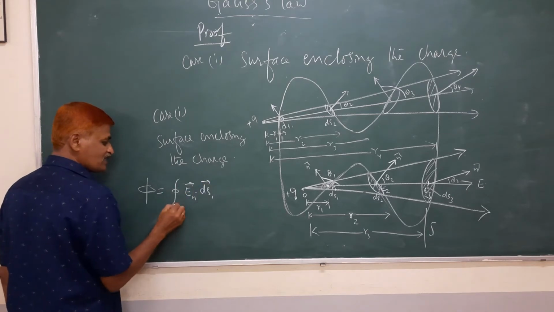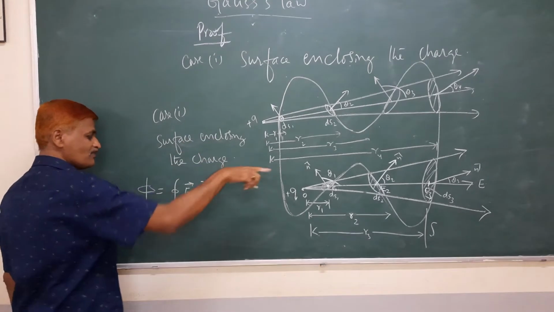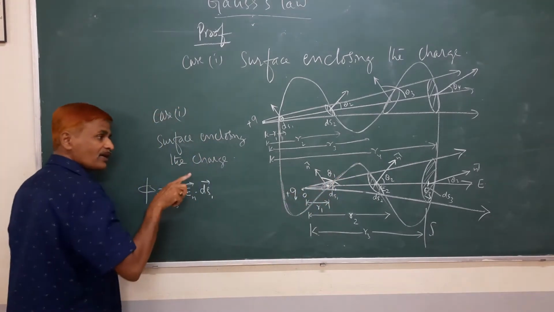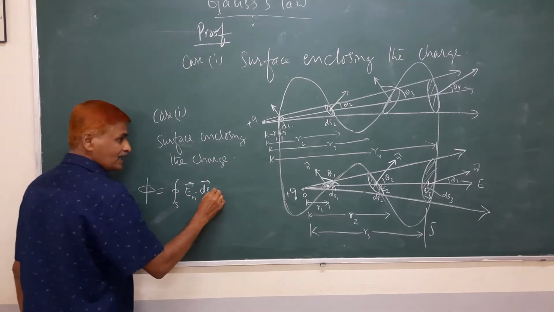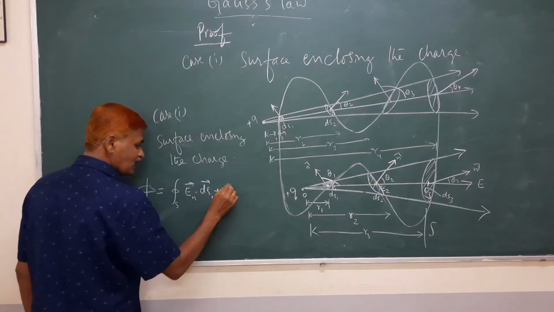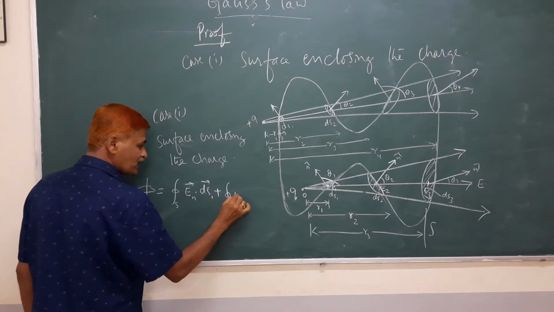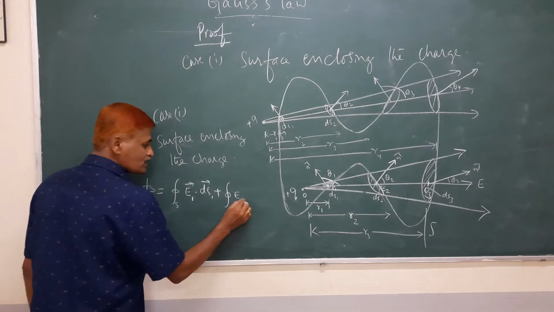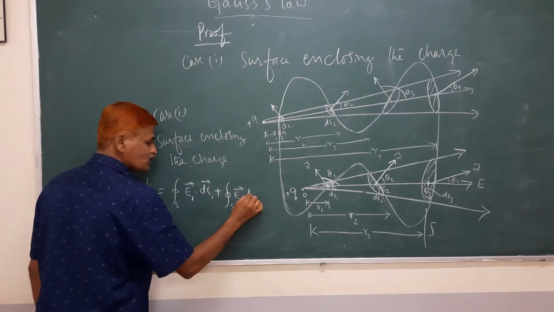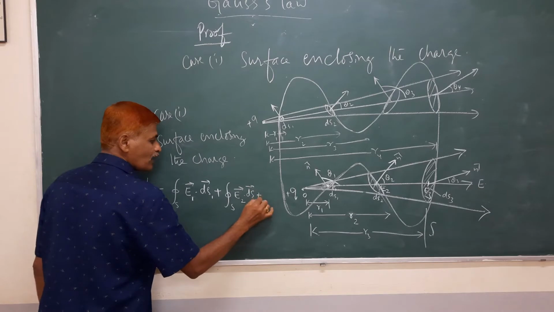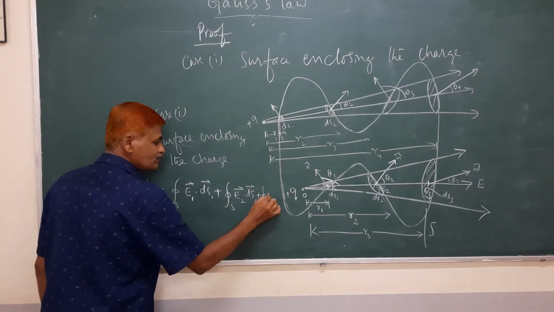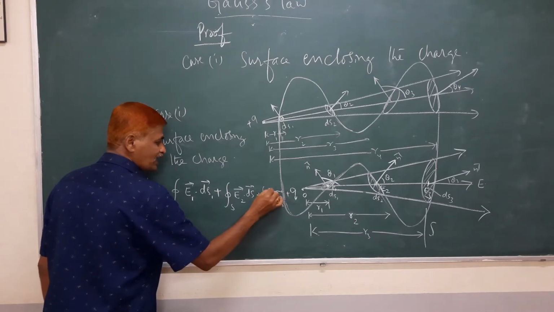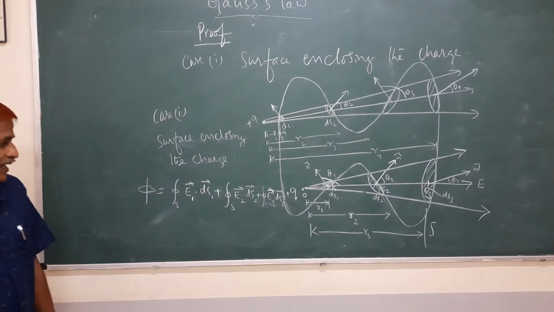If I take the surface integral over the surface, then I will get how many will go out from the surface at this point. Again that is surface integral, again I have to integrate, but this time I will call E1, this is E2, ds2, again it is E3, ds3. I have taken vector that will take care about the signs.